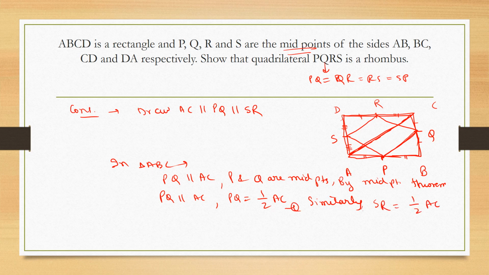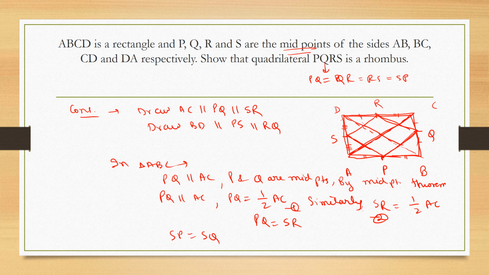So from these two, because right hand sides are equal, PQ equals SR. Now if I again do it with BD, by joining BD parallel to SP and RQ, this SP will be half of BD and RQ will be half of BD, so SP will be equal to SQ, correct?